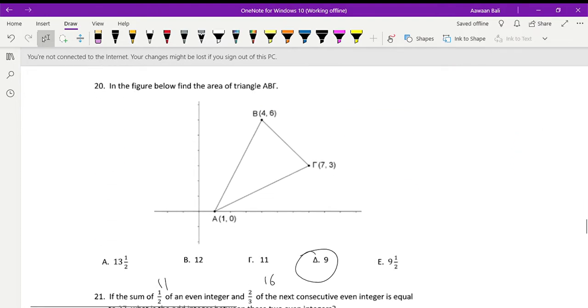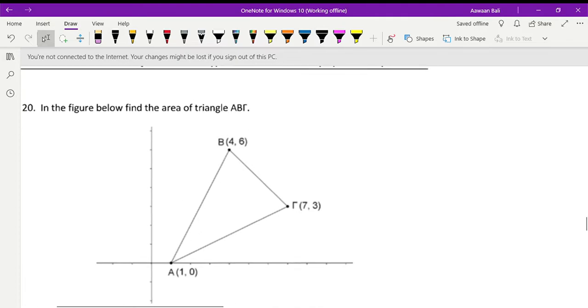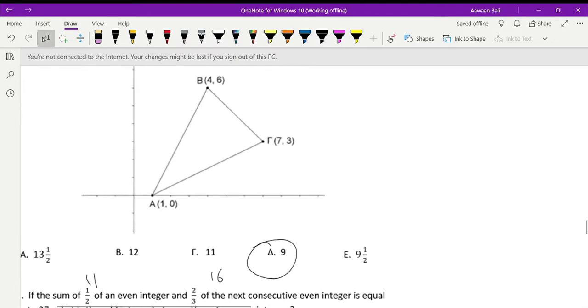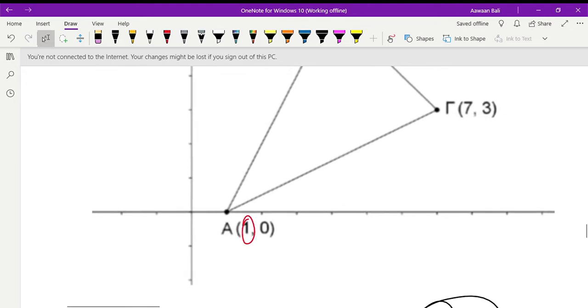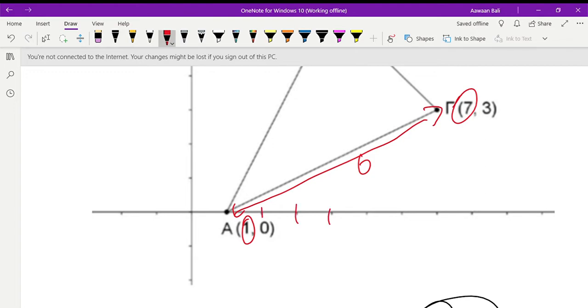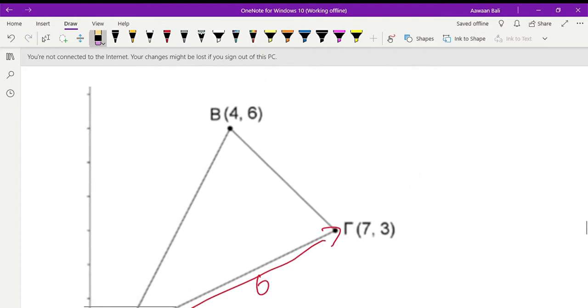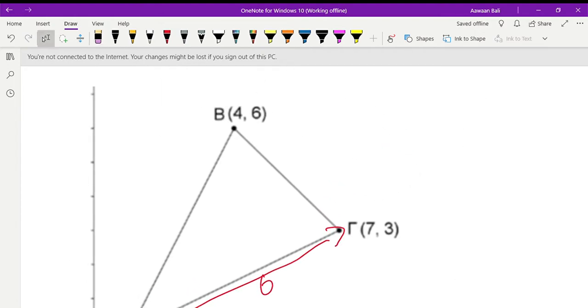Question number 20. In the figure below, find the area of triangle alpha, beta, gamma. This is easy if you know coordinates. So first we have the x value, 1 and 7, which means that the side has to be at least 6. You can even check: 1, 2, 3, 4, 5, 6. And then for the y-axis, we have 4 and 7, so the difference is 3. So we want to find the base, like this.